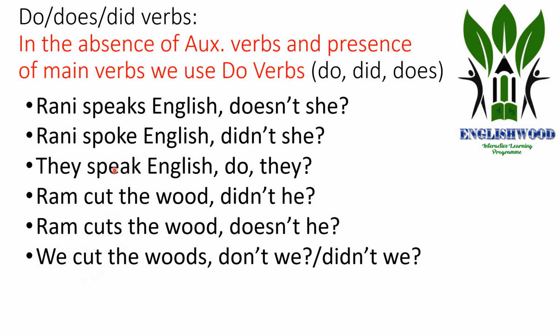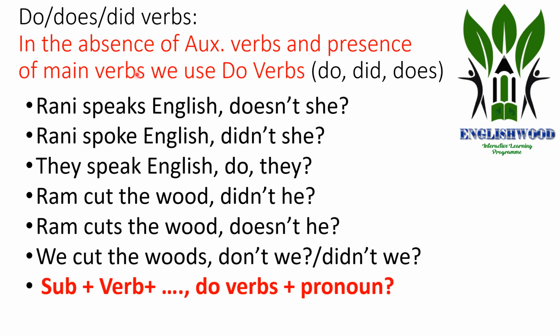So we cut is always alright. With the plural, the verb is always without s. This cut can be used in the past form or in the present form. So we can generalize the rule: subject plus verb means we use do verbs plus pronoun.